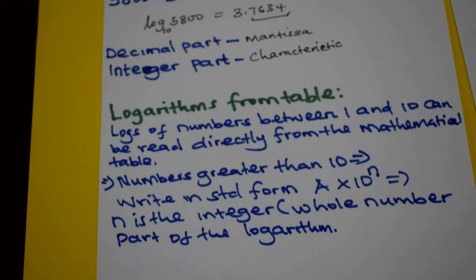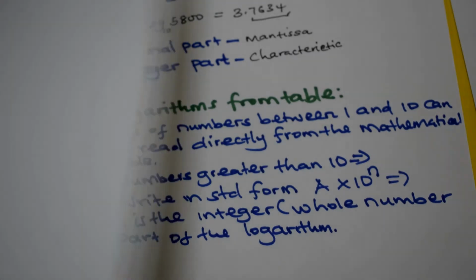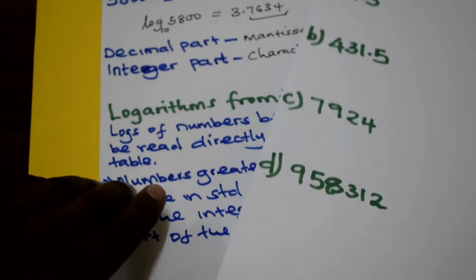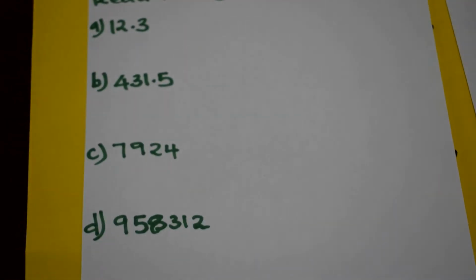If numbers are less than 1 or greater than 10, we first write the number in standard form as a times 10 power n, where n is the integer part, which we call the characteristic. So we are going to take examples to see how to use the mathematical table to read logarithms of the numbers.